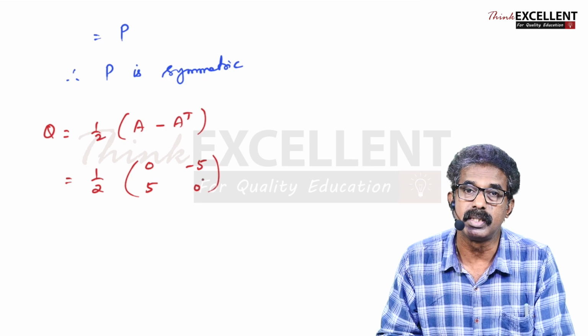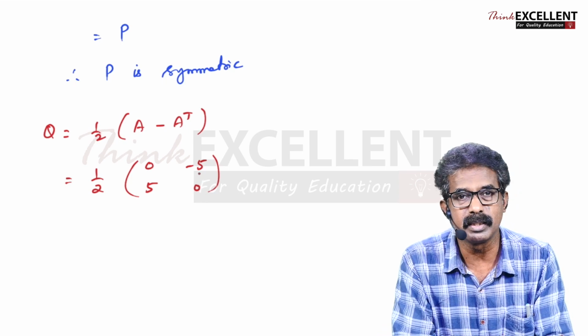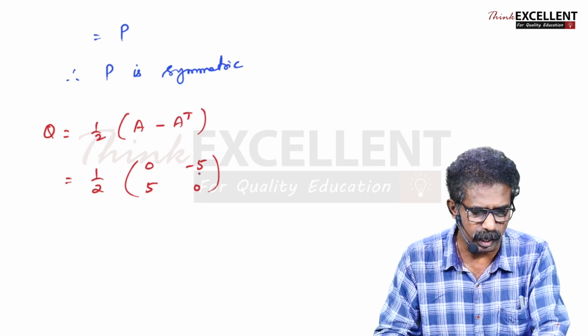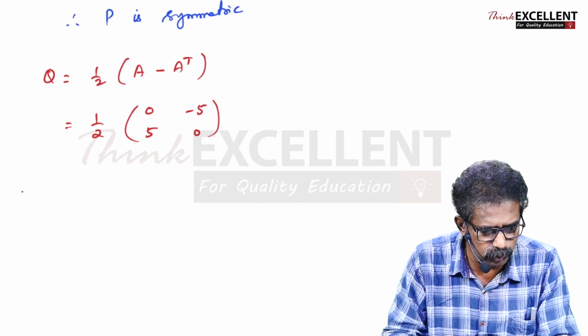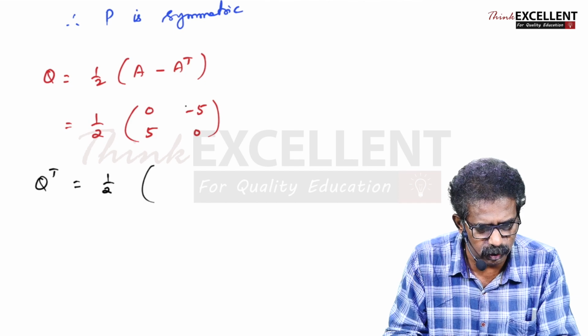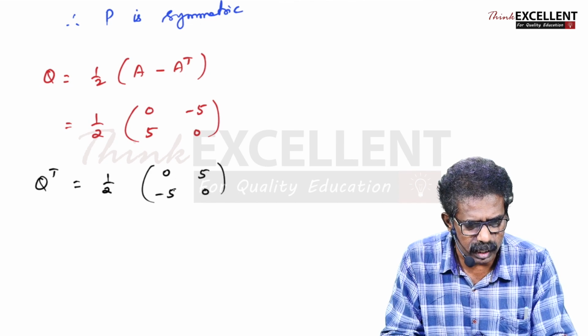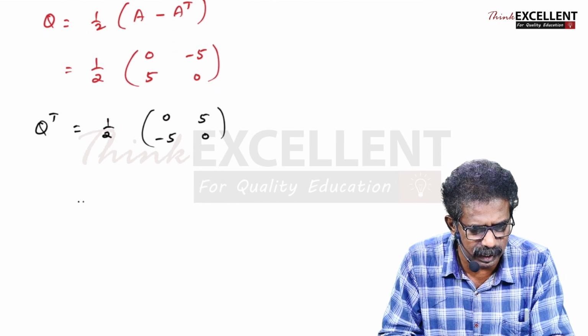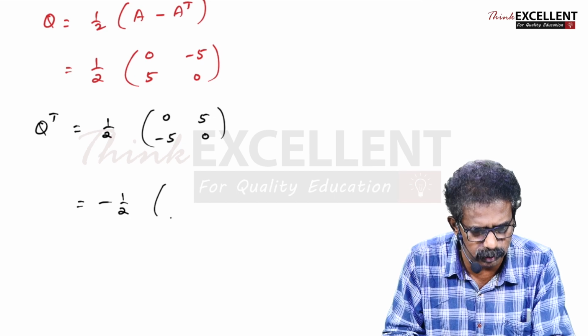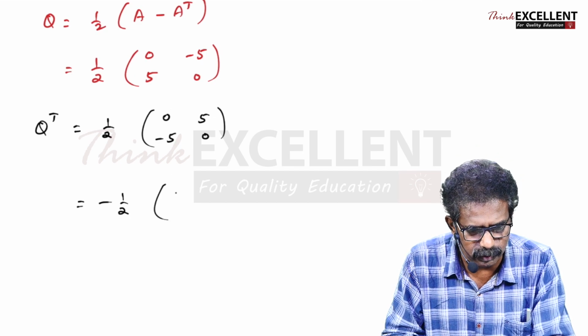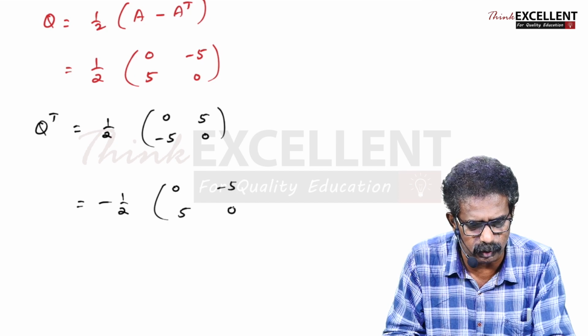So we have to prove Q is skew symmetric. Q skew symmetric means Q transpose equals minus Q. So let us find Q transpose. 1 by 2, write as it is. First row, write it as first column. Second row, second column. It is not the same as Q. Take a minus sign outside, so minus 1 by 2 into: 0 is 0 only, 5 becomes minus 5, minus 5 becomes 5, 0 is 0 only.